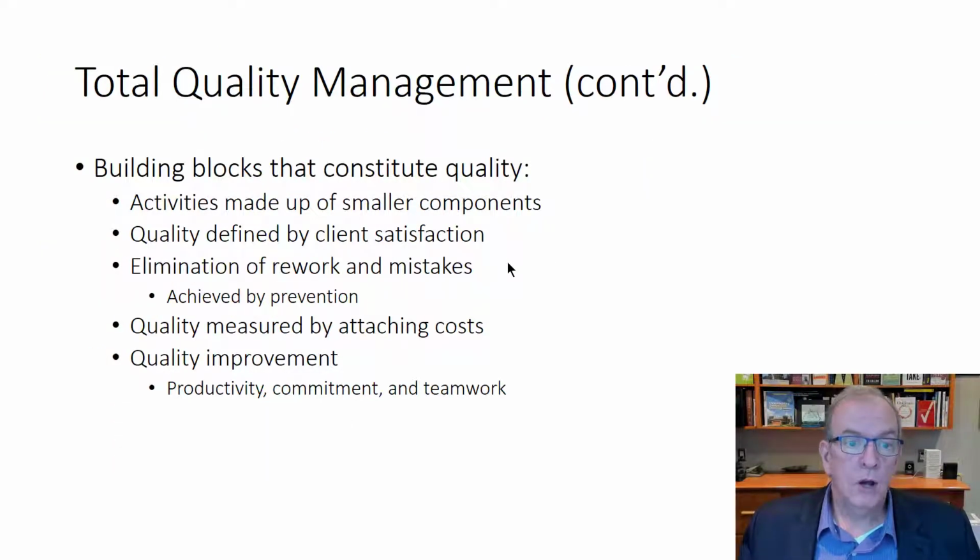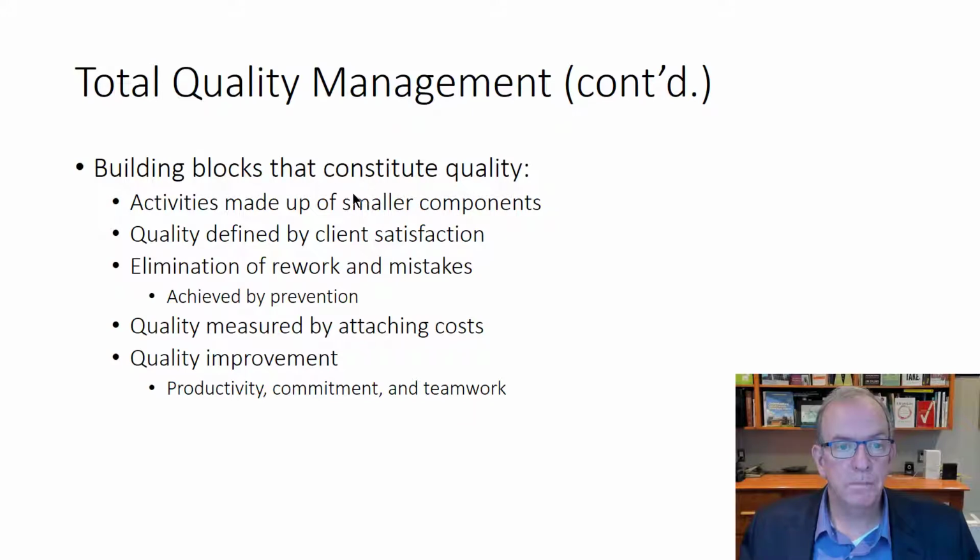Building blocks that constitute quality: activities made up of smaller components, quality defined by client satisfaction, elimination of rework and mistakes. Obviously, these are getting into the areas of waste. Quality measured by attaching costs, quality improvement, productivity, commitment, and teamwork.